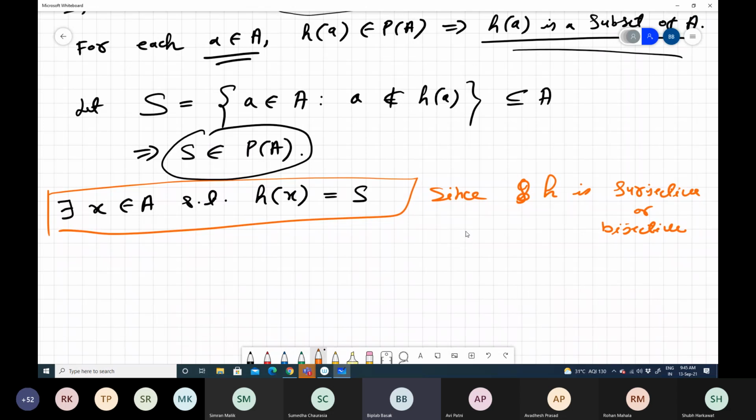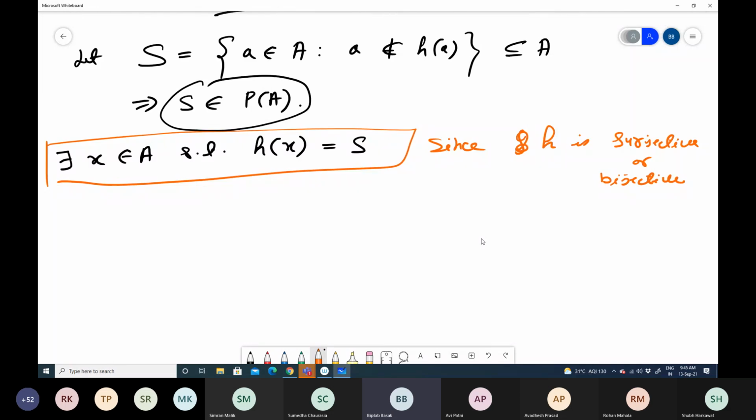Now we have a beautiful contradiction. What are the possibilities? First of all, x belongs to A, and H(x), which is S, is a subset of A. So we have two possibilities.